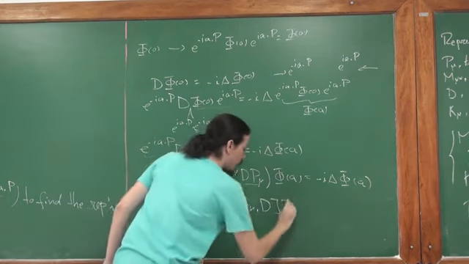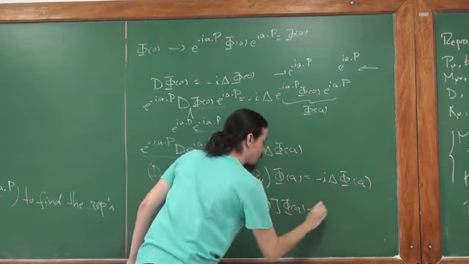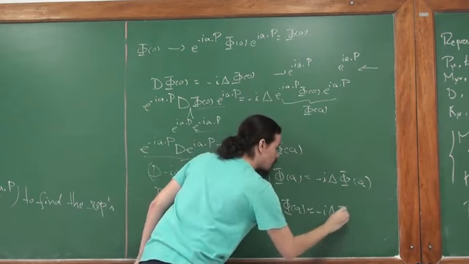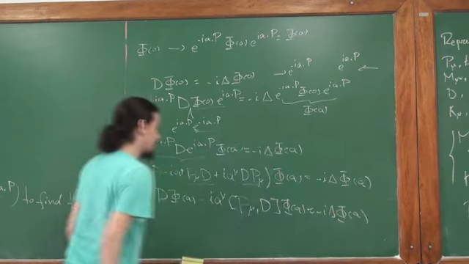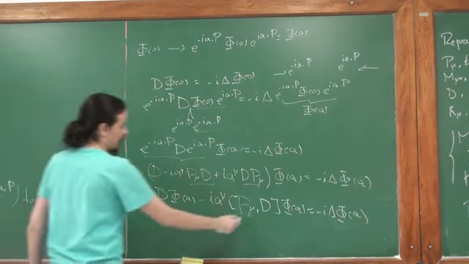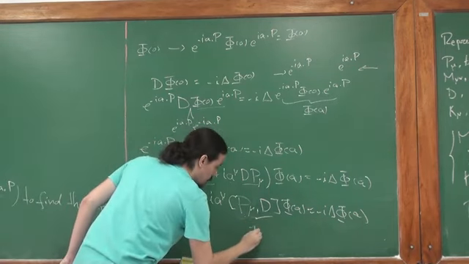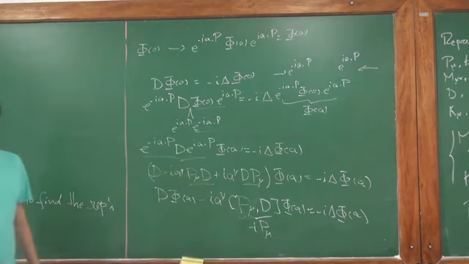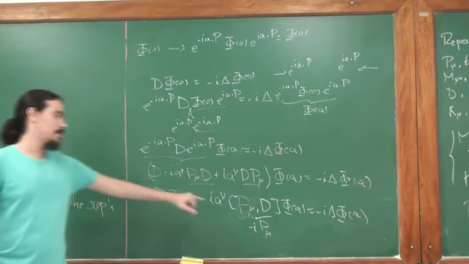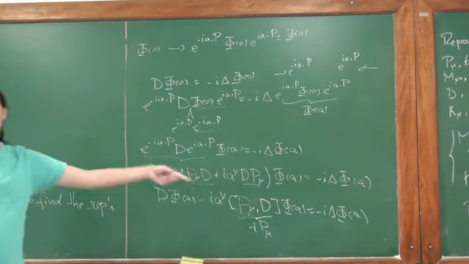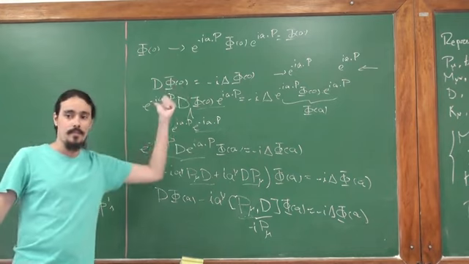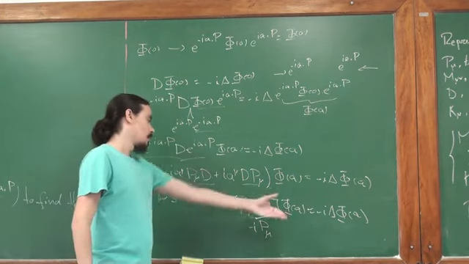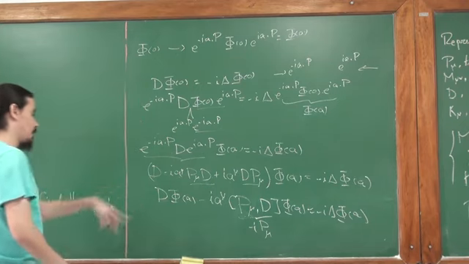Okay. And now this guy gives minus i mu. Now, what I wrote, D mu gives plus i mu, so it is the radial operator. I have a mu D, so it is minus i.